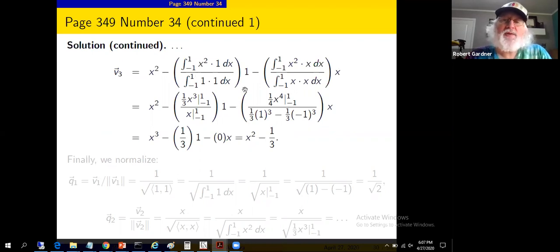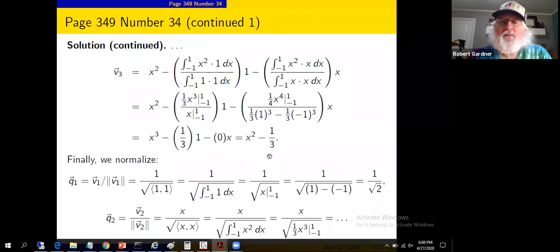We were subtracting a projection onto V1 and a projection onto V2. That's what these are, written in terms of the inner products as integrals. Evaluate those integrals. Looks like we end up subtracting 1/3 this time. So we get for the vectors 1, x, and this, V1, V2, and V3.